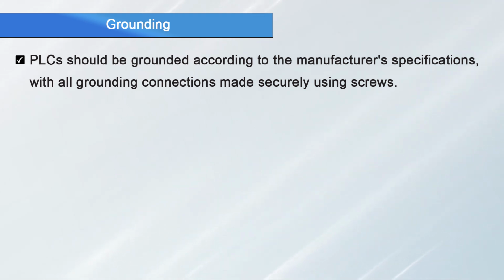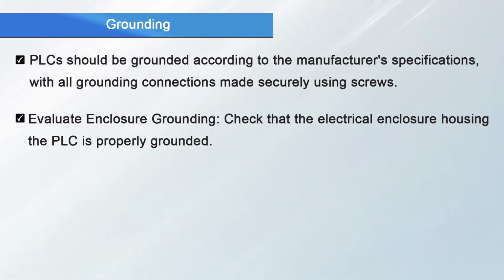First step, the PLCs should be grounded according to the manufacturer specifications with all the grounding connections made securely using the screws. Second, evaluate enclosure grounding, which means check that the electrical enclosure housing the PLC is properly and adequately grounded.